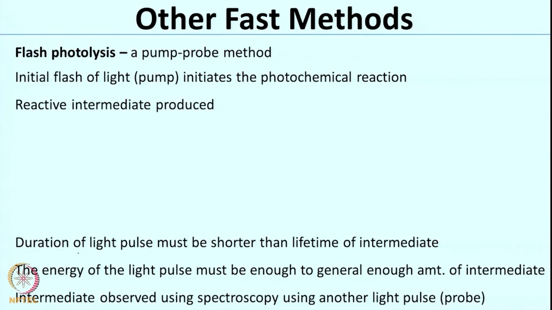Initially, a flash of light is shone on your flask to initiate the photochemical reaction. With this flash of light, you generate your reactive intermediate. What is very important to understand about this flash of light is the duration of the light pulse. When I say pulse, you must get an idea that it is a quick thing we are talking about.